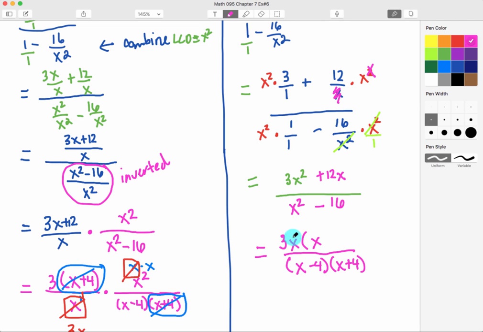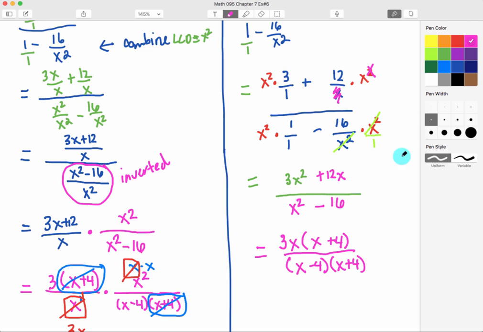So I worked a little bit backwards and said, what do I need to multiply by to get 3x squared? And that's an x. Now do the same thing for the last part of my fraction. 3 times what is 12? That's a plus 4. X times 1 is back to x, so I'm done. I don't have to do any more factoring here.